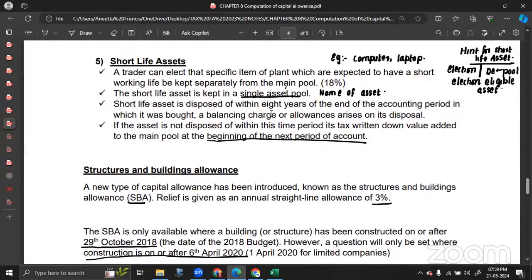If it is disposed within 8 years, if the nameless balance is positive, it is a balancing allowance and transfer it to your capital allowance column. If it is not sold within 8 years, whatever remaining balance, put it in the respective column. From the short life asset column, you transfer it to either main pool or the special pool.